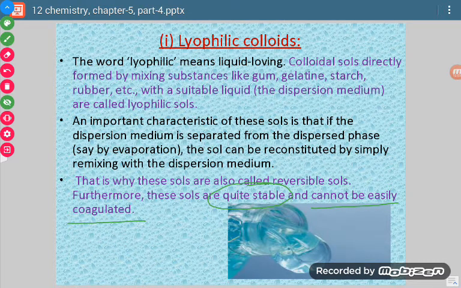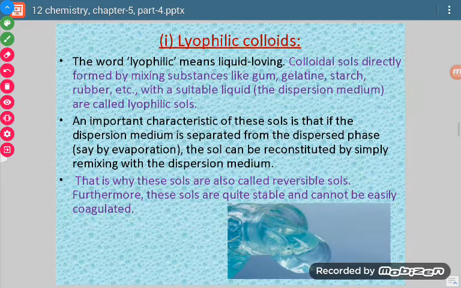What is coagulation? It is the property that if the dispersed phase can be made to settle down, it is called coagulation. This we are going to discuss in detail after the next session. So these were the properties of lyophilic sols.